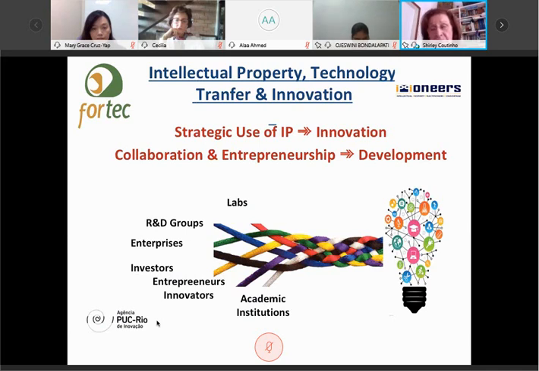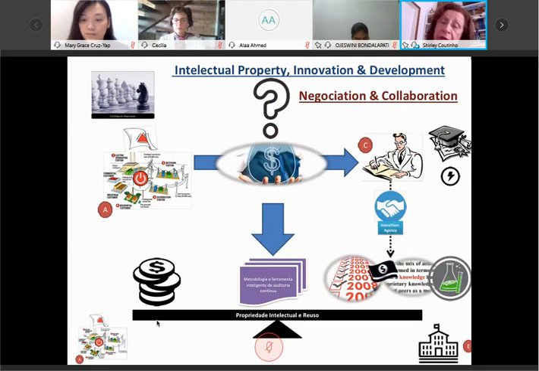And we are trying to work together: angel investors, capital, researchers, enterprises, and academics.